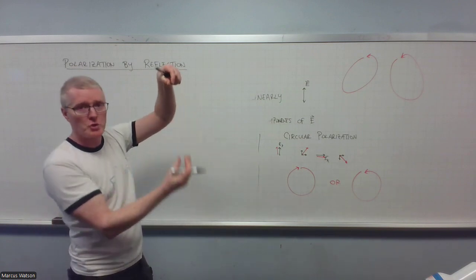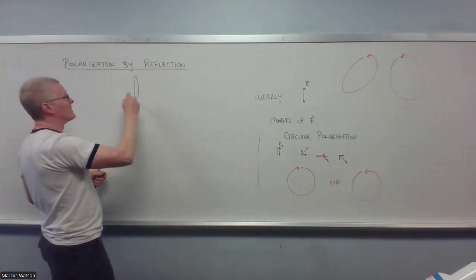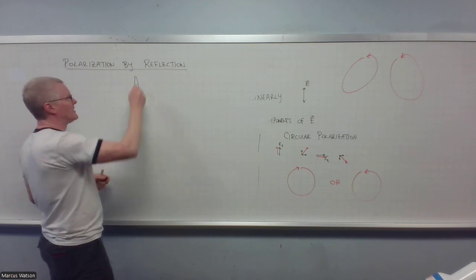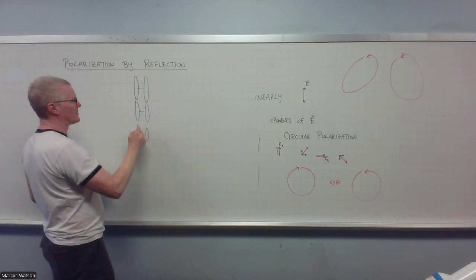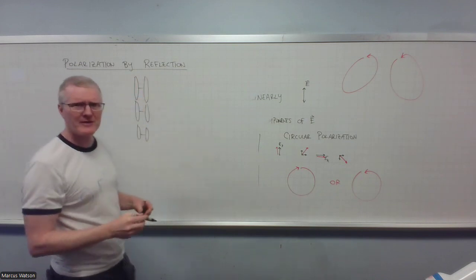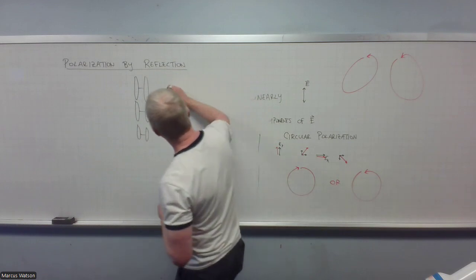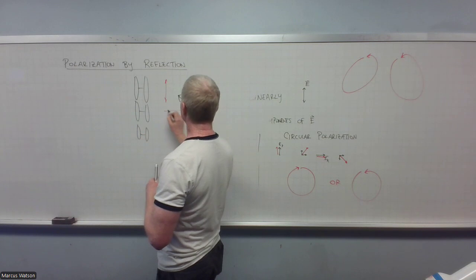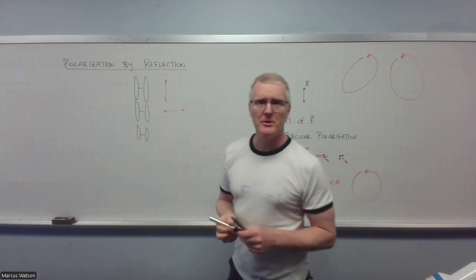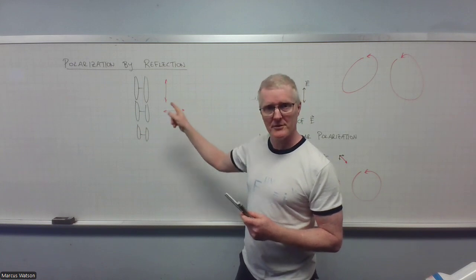So they kind of join together in a fibrous sort of way, like this, and you had more of them together like this, and they were maybe joined a little bit across like this, so you had this ladder effect going. Well, if I send in light that's polarized this way, and I send in light that's polarized this way, this material is going to react differently to these two polarizations.